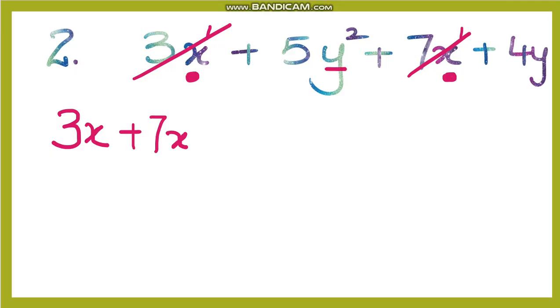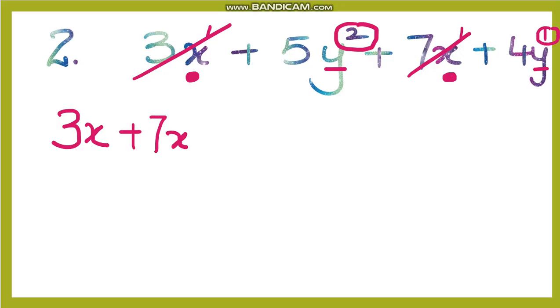Now I see a y here and I also see another y here. Does that mean these are like terms? We will first have to check our exponents here. If you see carefully, this has the exponent of 2 and this has the exponent of 1. When nothing is written, it automatically means the exponent is 1. So this has 2, this has 1.